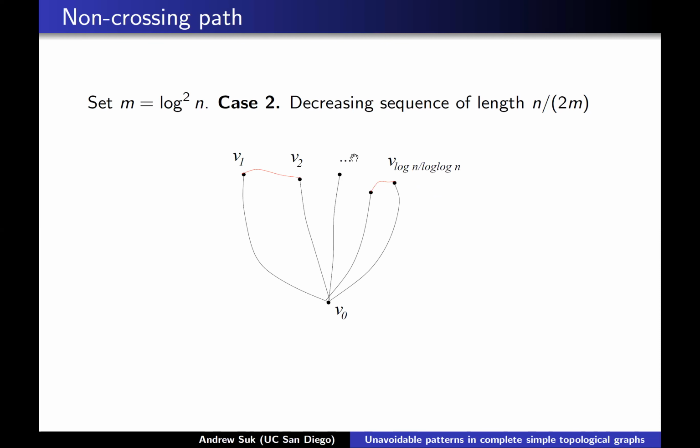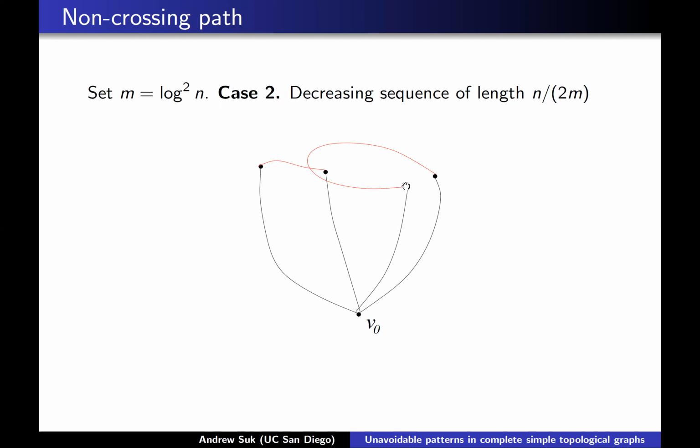It's not so hard to see why 2 edges would be non-crossing, because since these 2 vertices were consecutive, all of the later vertices will be either inside the triangle or outside. So let's say outside, by the algorithm. And so if these 2 edges were crossing, then that means this red edge, since both vertices were outside of the triangle, will cross exactly one of these 2 black sides here.